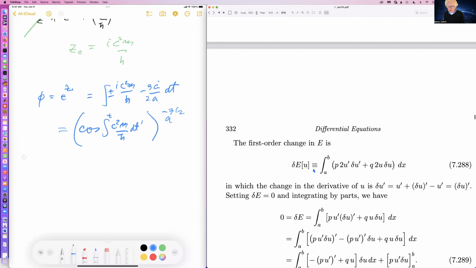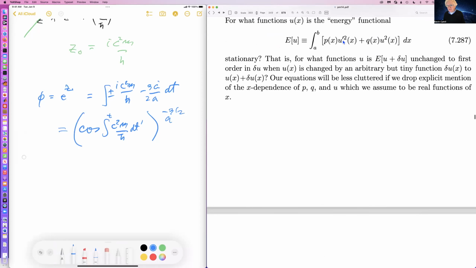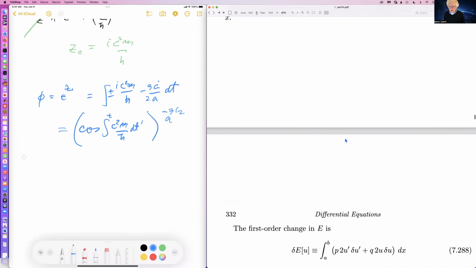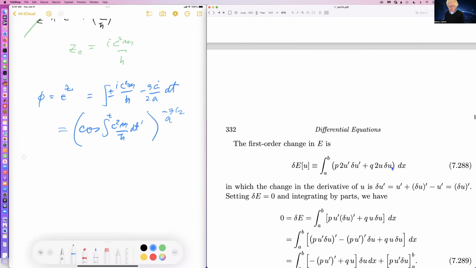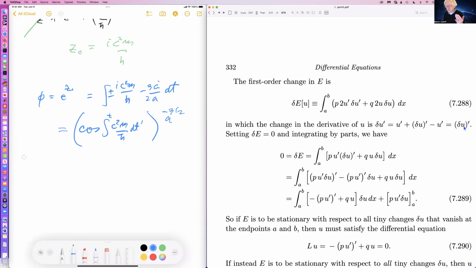Well, we say the variation of E is given by an expression of this form. In other words, we have 2u prime du prime and 2u du. And so we get these expressions here, and du prime is the prime of du, and so substituting in here, we have this expression.